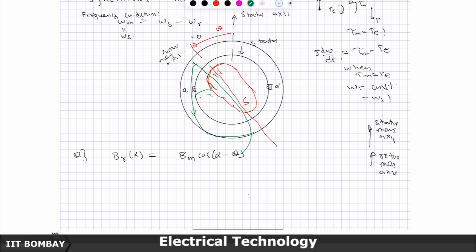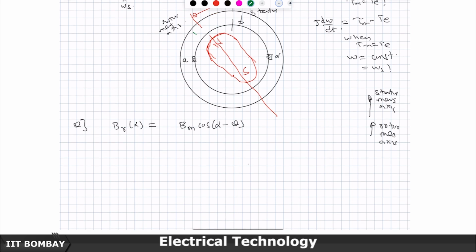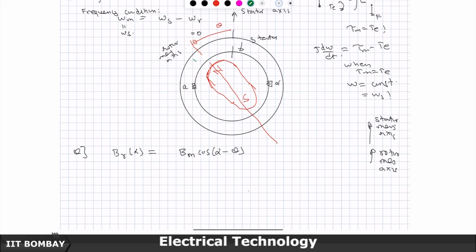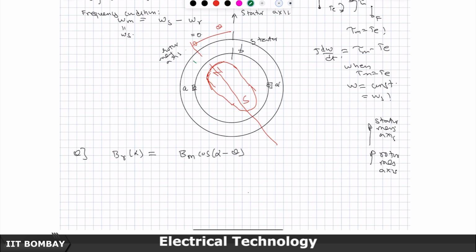The B lines, number of lines per unit width, is highest near the center of the pole face, and then they keep on reducing until, at 90 degrees, nothing is created around the quadrature axis. Therefore, the B that is being created is given by B of alpha equal to Bm cos of alpha minus theta.